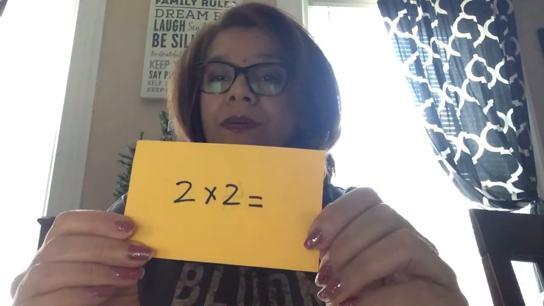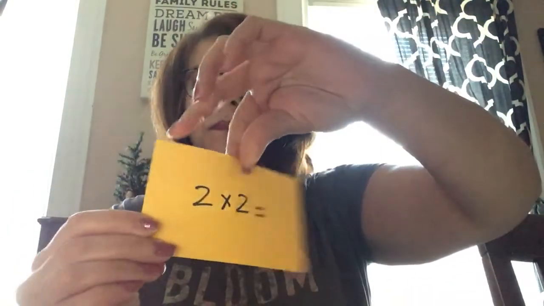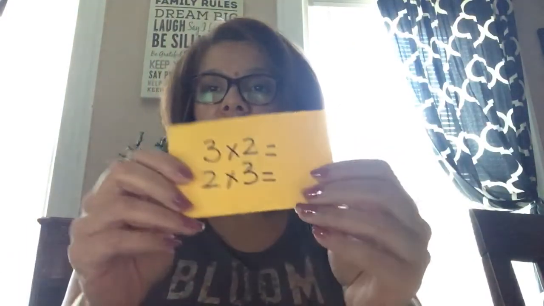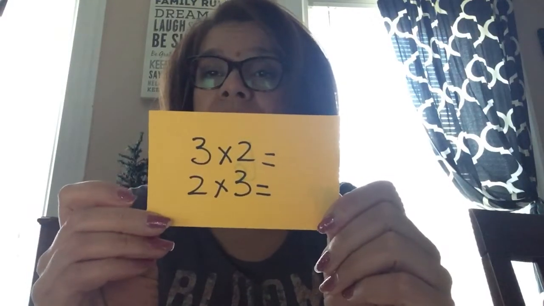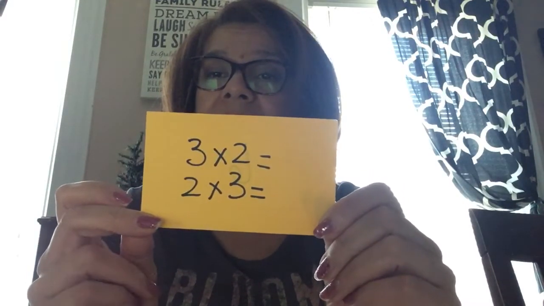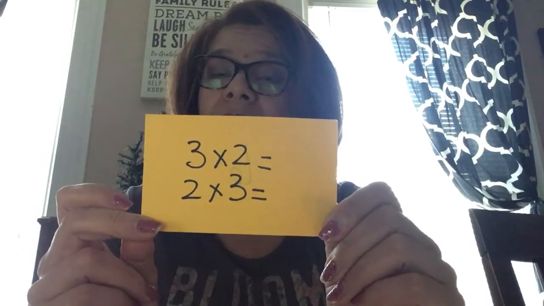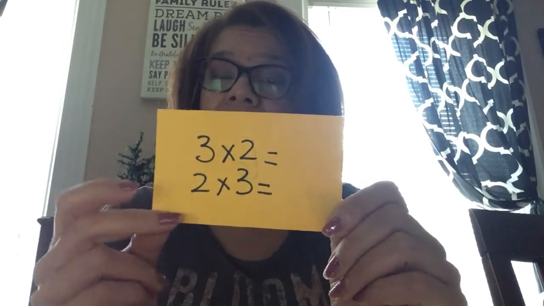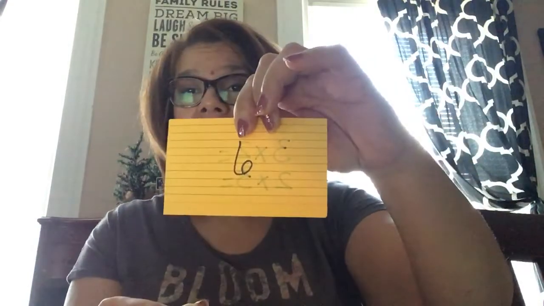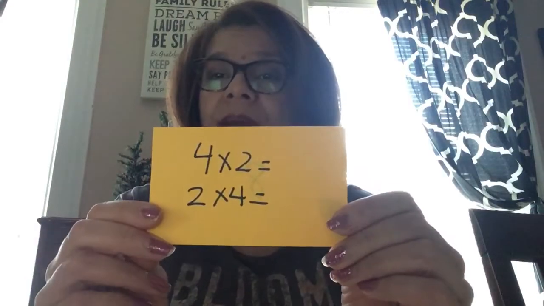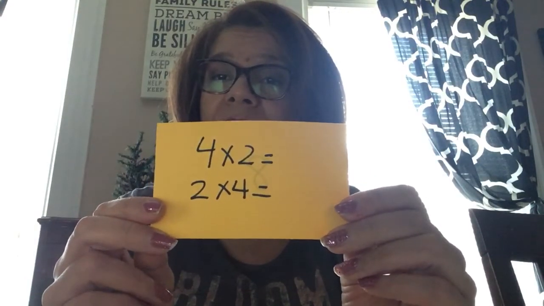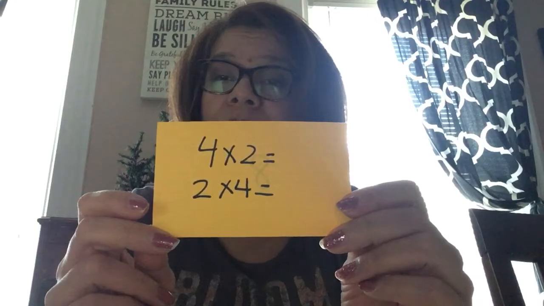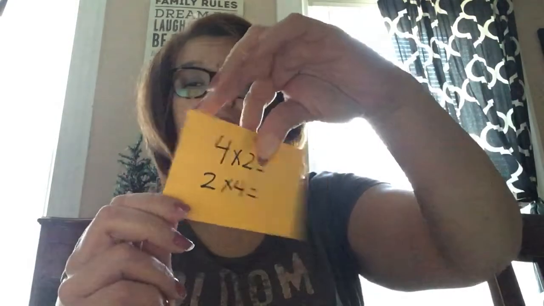2 times 2 equals 4. Here we have another example of the commutative property. 3 times 2 is the same as 2 times 3. 3 times 2 and 2 times 3 equal 6. 4 times 2 is the same as 2 times 4. 4 times 2 and 2 times 4 both equal 8.